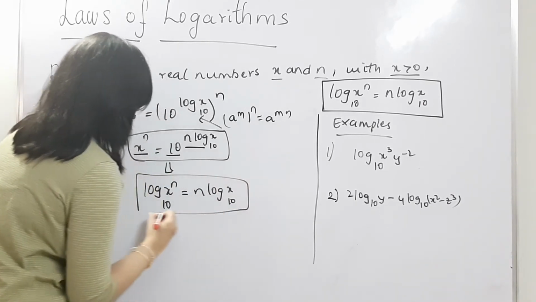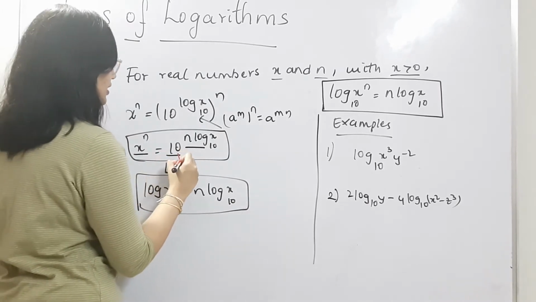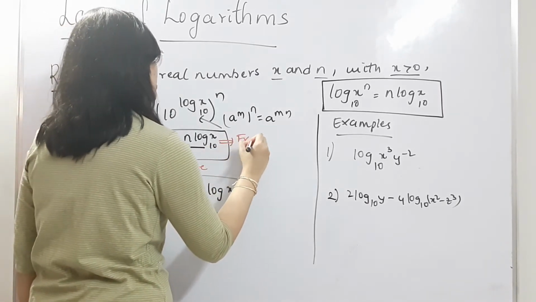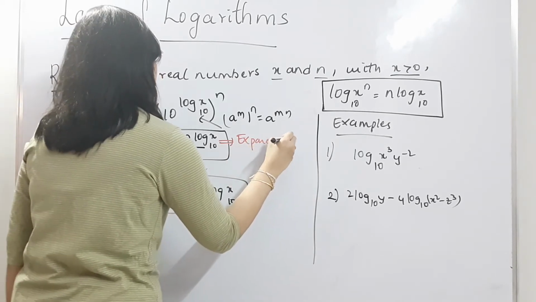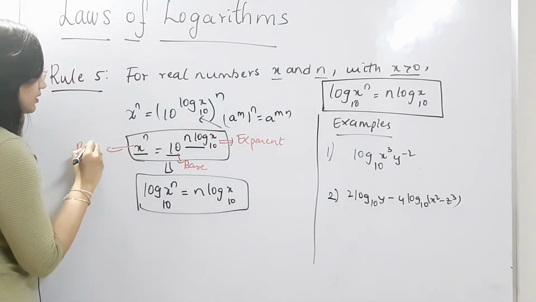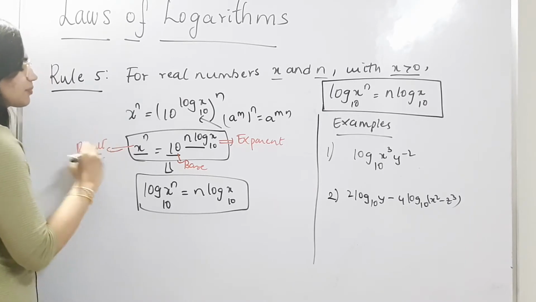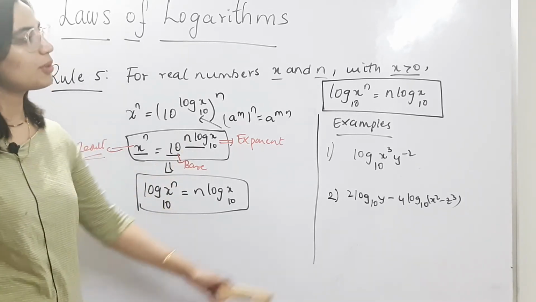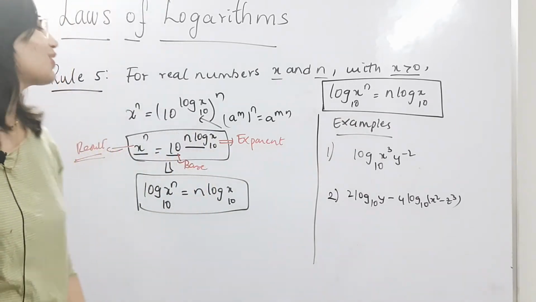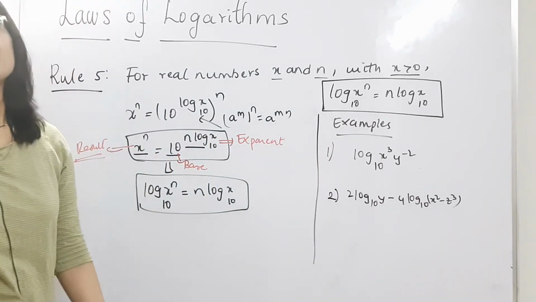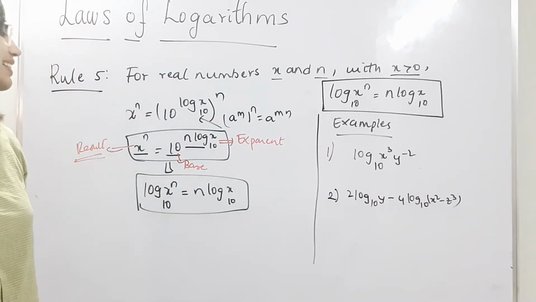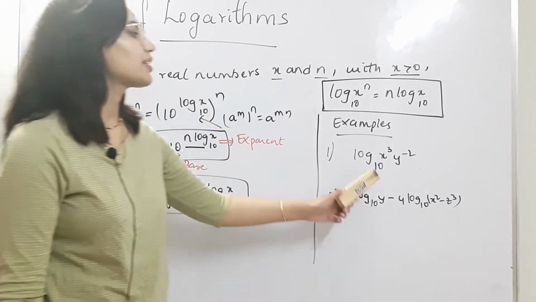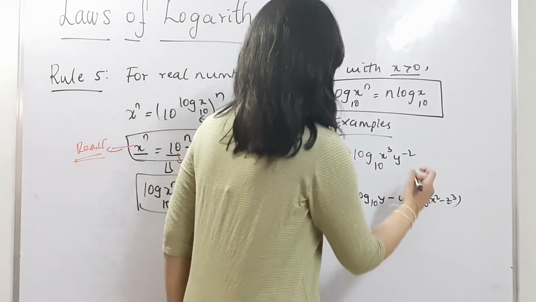If we assume that 10 is the base, this is the exponent and this is the result, then using the concept of exponents, we convert this into this. So did we not prove this? Yes. So log x to the power of n to the base 10 is nothing but n log x to the base 10. So using this concept, now let's try to solve these problems.